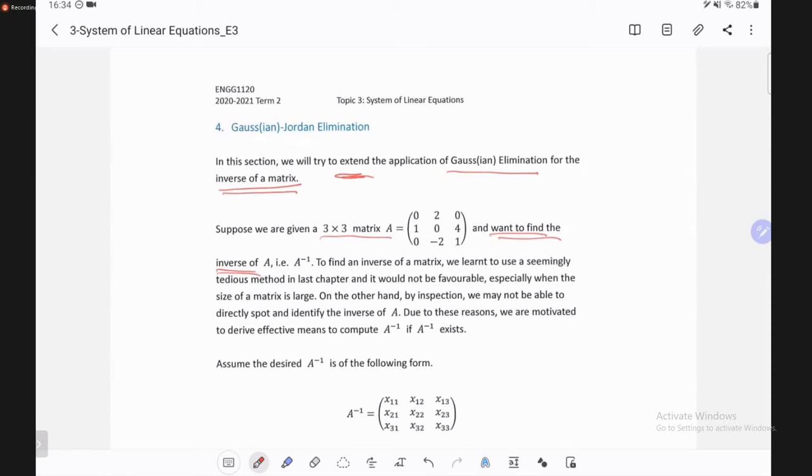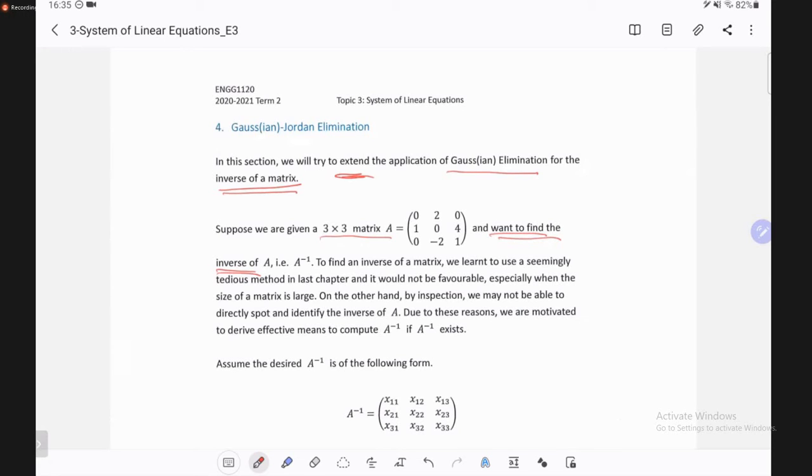Of course, you may say, hey Patrick, in topic 2 we already discussed how to find the inverse of a matrix, right? By using the inverse formula, and it involves a determinant, adjoint matrix. In particular, it involves cofactors and transposition, and so on and so forth.